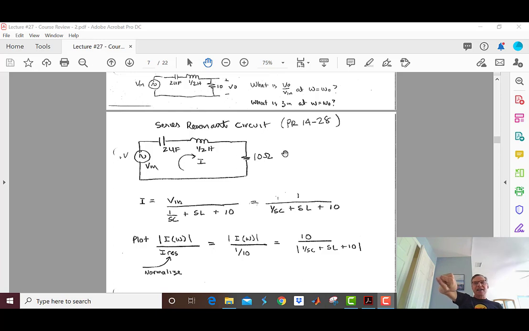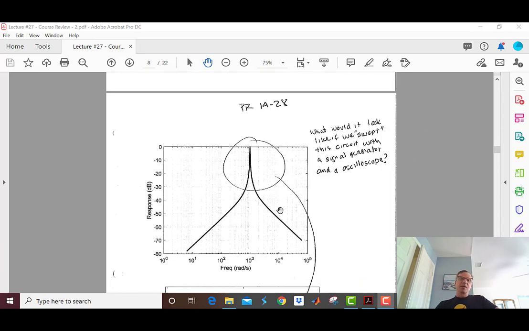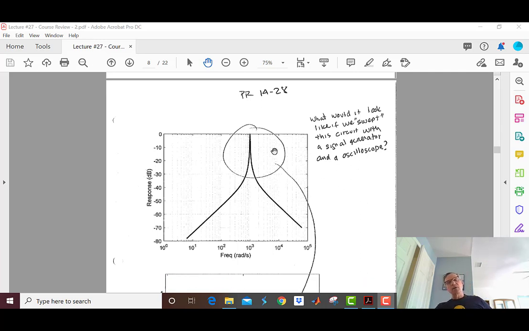In other words, the envelope of my sine wave starts really small, goes whoop at resonance, and then comes back down again. That's what it would look like in the time domain. In the frequency domain, it looks like this. The magnitude is very low down here and maximized here.